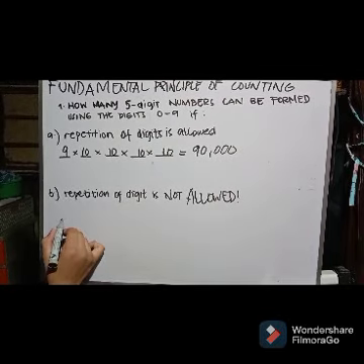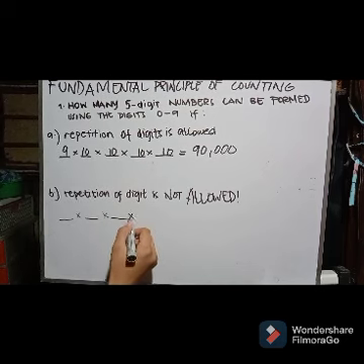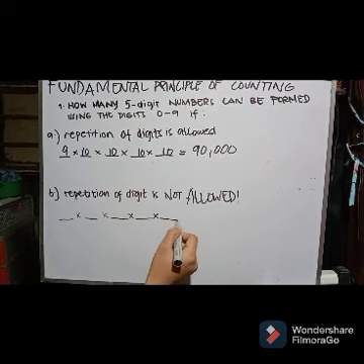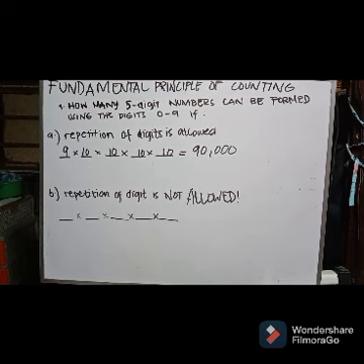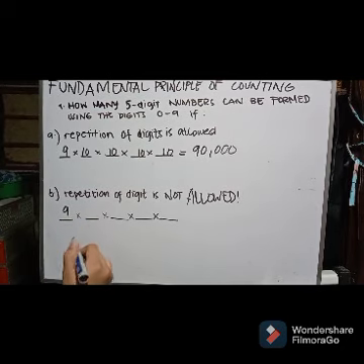So the next condition is repetition of digits is not allowed. So 5 digits again. We still use 9 here, since we can't use 0 in the first digit.